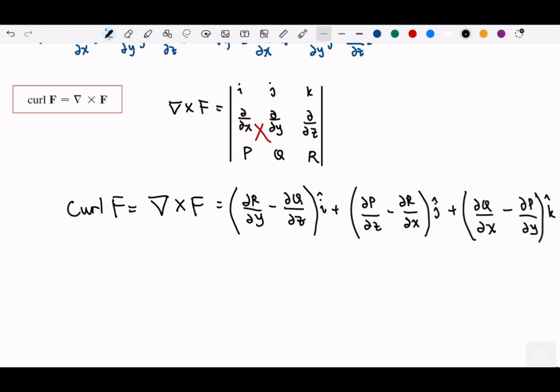I will give an example later on how the curl will be.